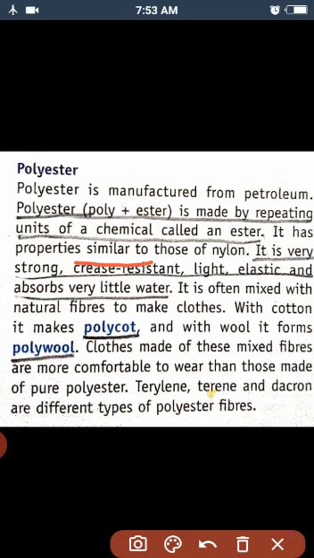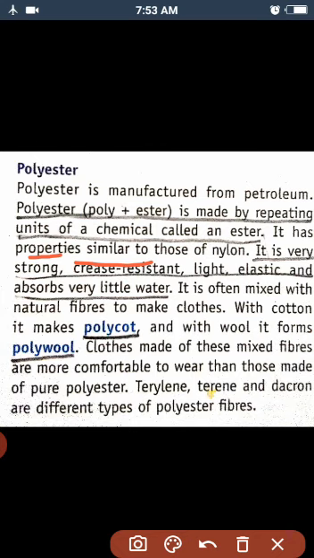It has properties similar to nylon. It is very strong, crush resistant, light, and elastic, and absorbs very little water.